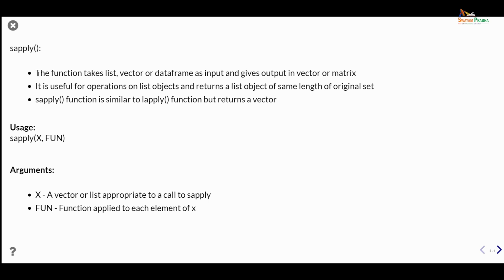And how to use this function? Basically you can have 2 arguments. The first argument is a vector or a list which can be appropriate to call sapply on. The next one is the function applied to each element of x. So we can always use a user defined function or the inbuilt functions that are available in R.